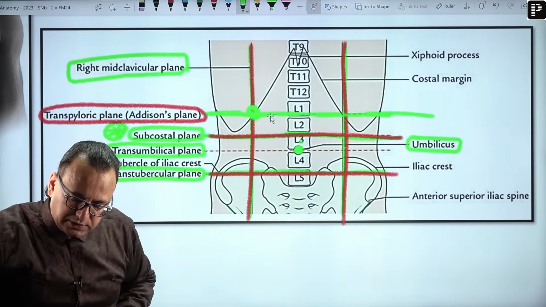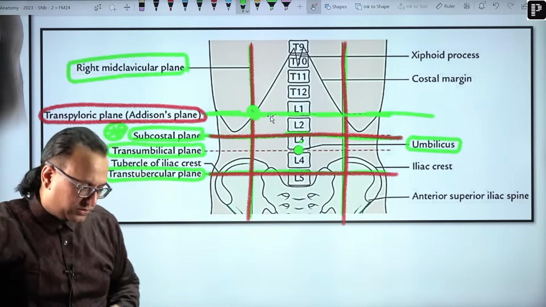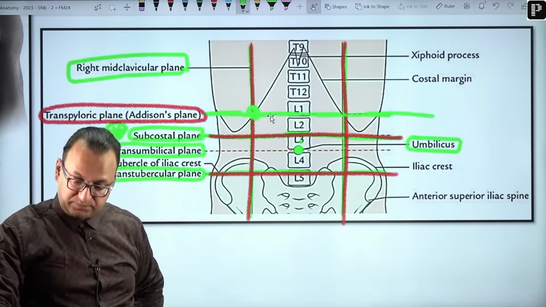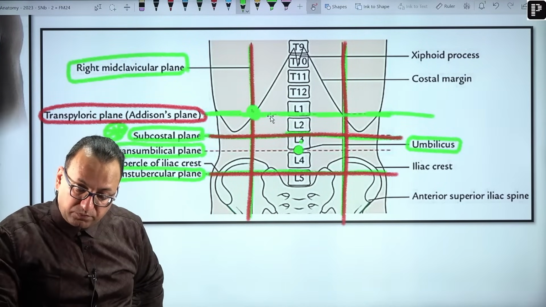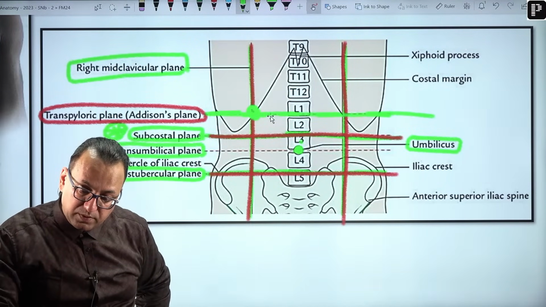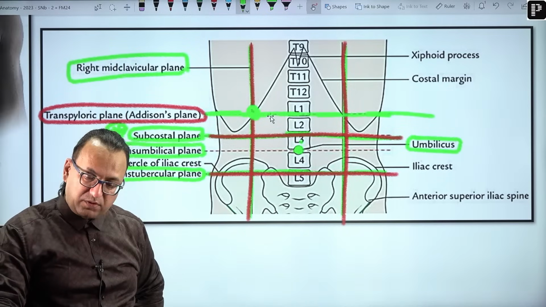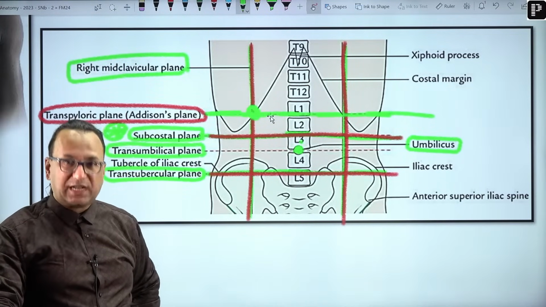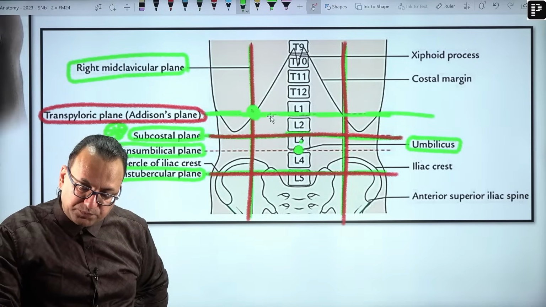So was it subcostal or transpyloric? Because the students told it was subcostal. It depends on what kind of image was there. I think it was an image based question.